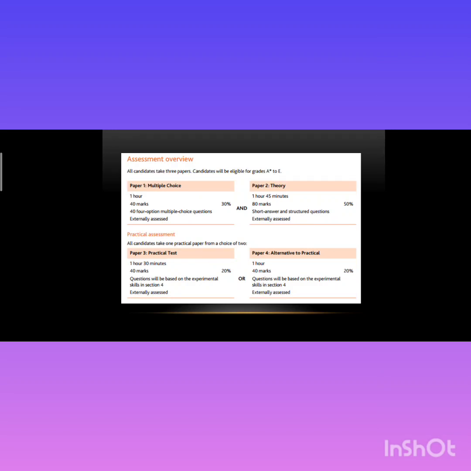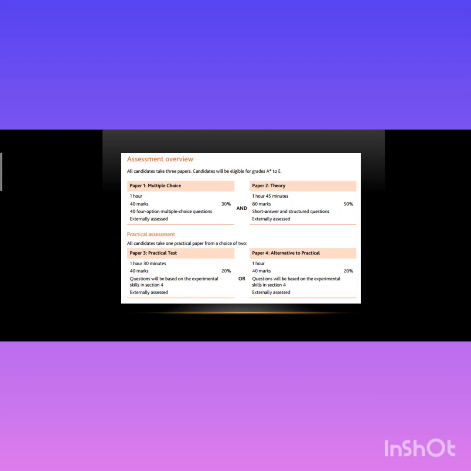Then there is another paper in science subjects, that is paper 3 or paper 4, that is alternative to practical or a practical test. But in Pakistan, my dear students, we are not going to opt for the practical exams. We only appear for the practical exams in A levels, but not in O levels. So what do we do? We opt for the other option, that is alternative to practical.